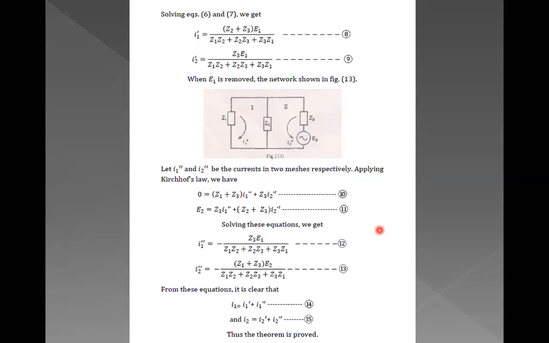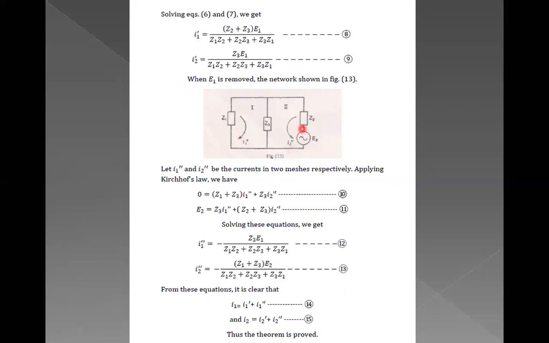Now, what is the second condition? The second condition is, first we remove the first EMF, the first energy source E1. So here you can see in the new circuit diagram, figure 13, E1 is removed. Considering its internal impedance Z1, we label the mesh currents as I1 double dash and I2 double dash.